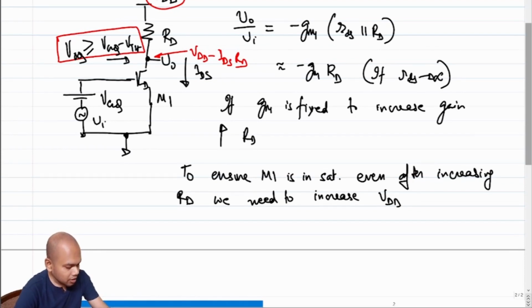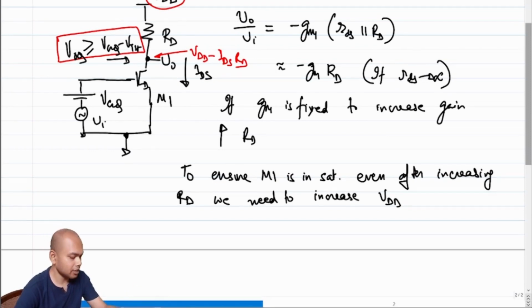However, this is a problem, right? The problem can be expressed on two fronts. One is we seldom have a choice of VDD. In almost every chipset that you will see, there is typically one battery that powers the entire system, and the battery is of some value, maybe 3.3 volts, maybe 5 volts, maybe 1.2 volts.